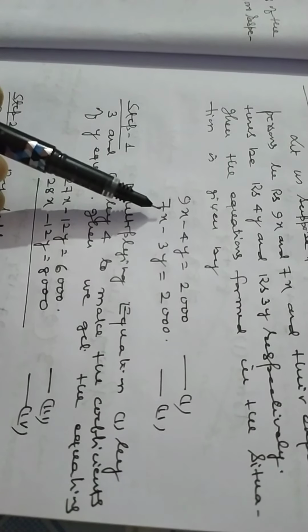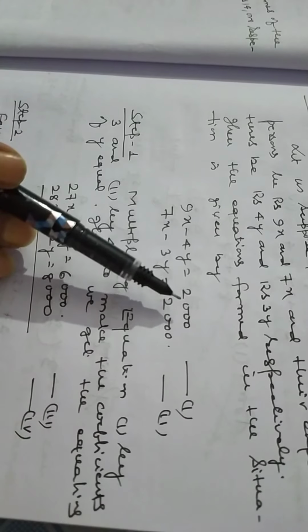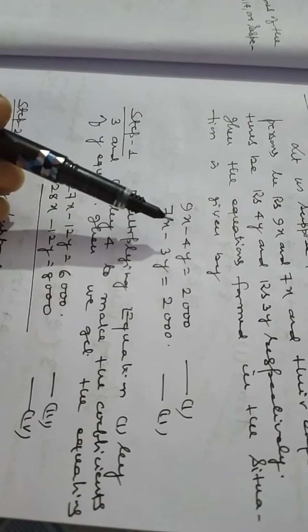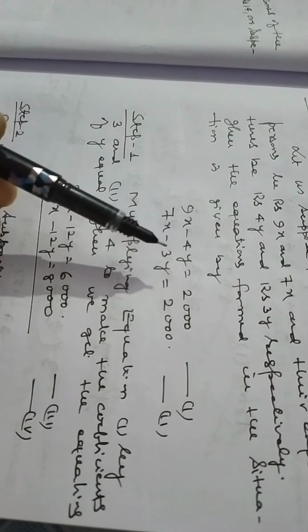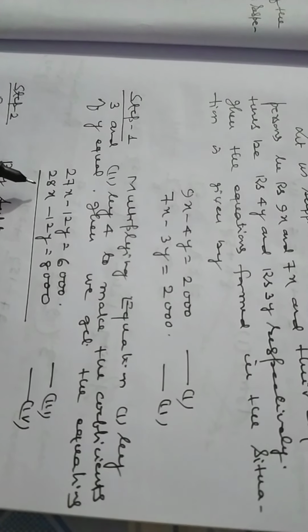Now, you multiply either equation first or equation second by a non-zero number such that at least either the coefficient of x or the coefficient of y should be eliminated. So now, for this objective, we multiply the first equation.